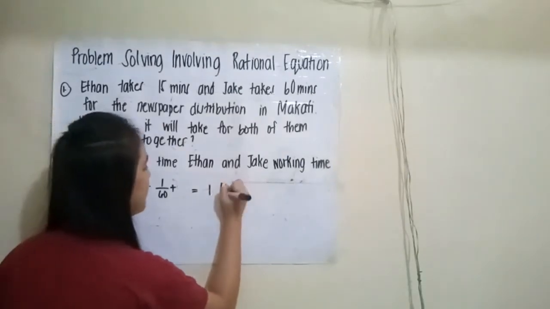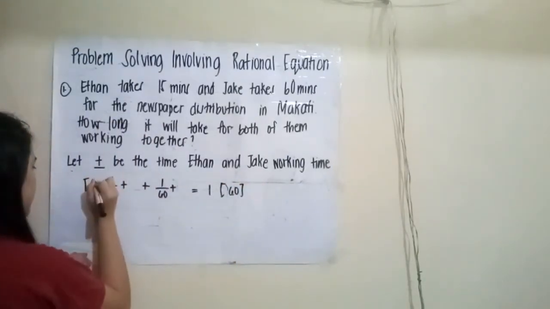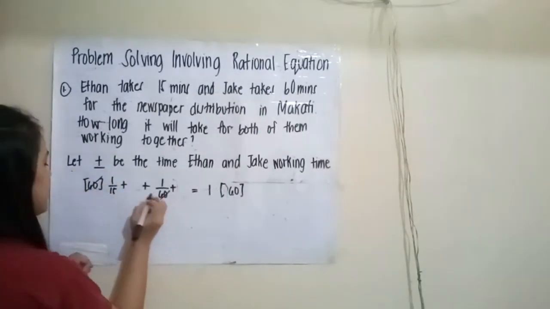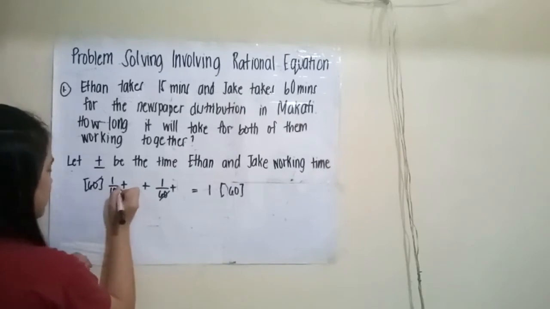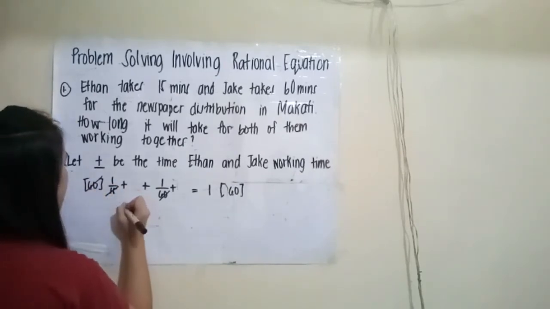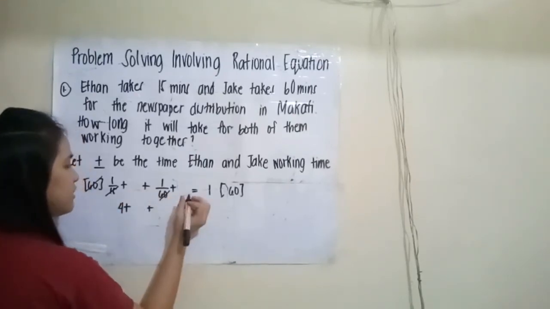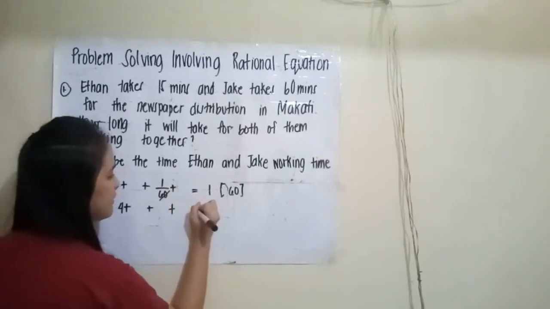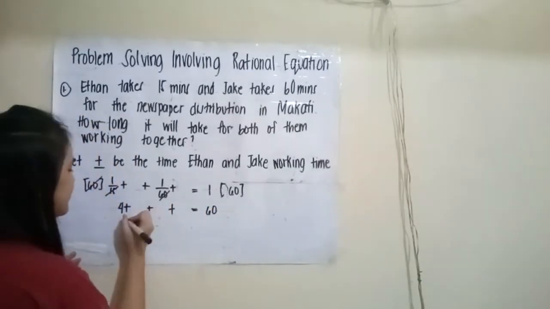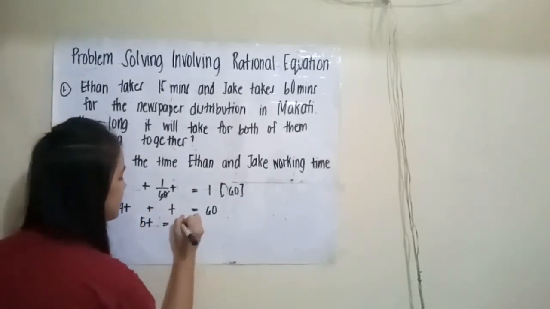Multiply both sides by 60. So it will be cancelled. This one, it will be cancelled too. So it will be 4t plus t equals 60. Combine like terms, 5t equals 60.